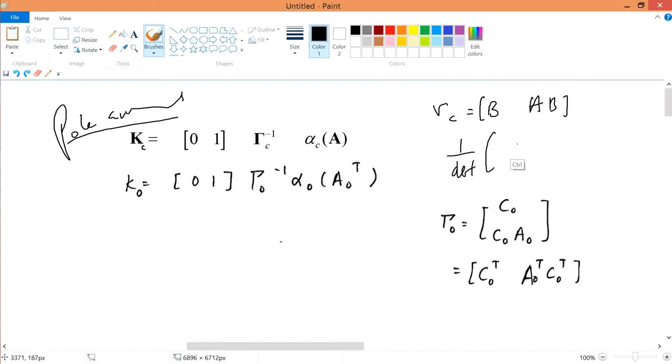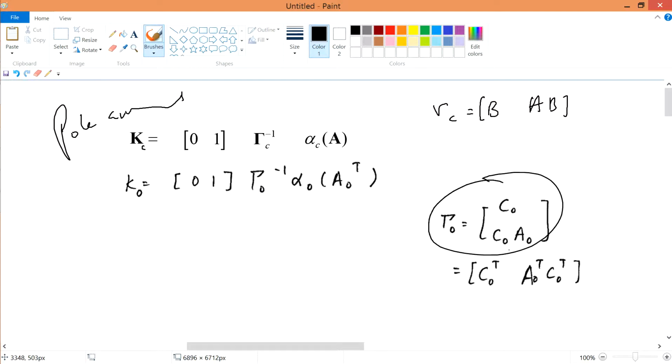However, for the RO, the rank for the observer, it's slightly different. You need to first translate this into here first: CT, ATCT. And then you inverse. So the first step for the observable to find K, you have to first find this one, and then you transpose it. Actually, no need to find this one first, but straight away transpose this.